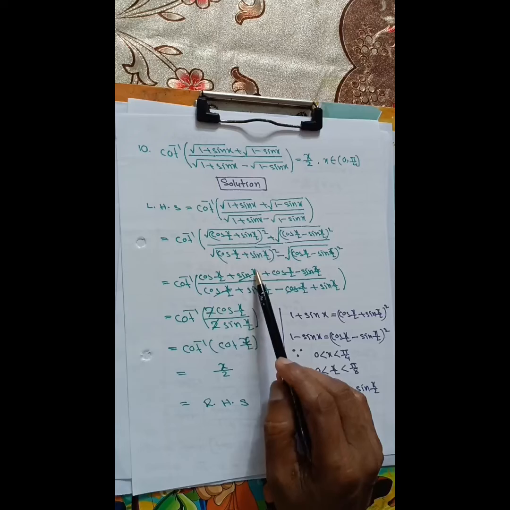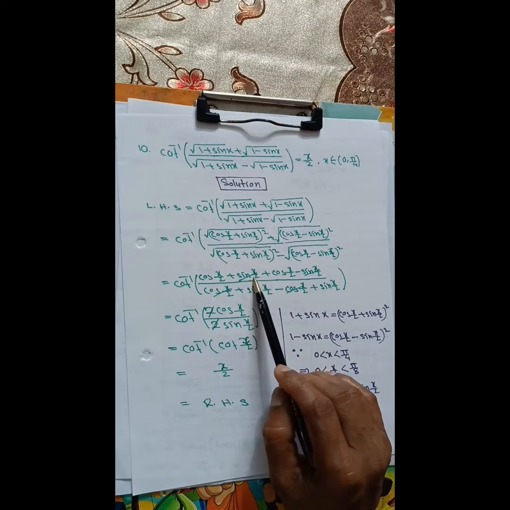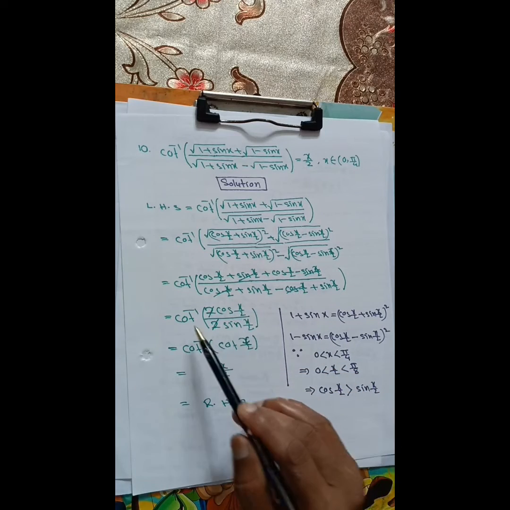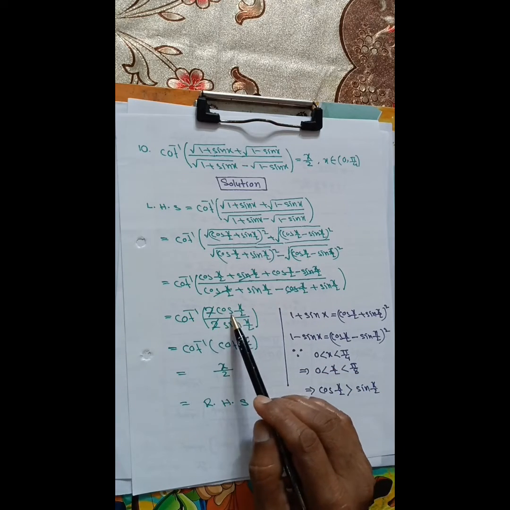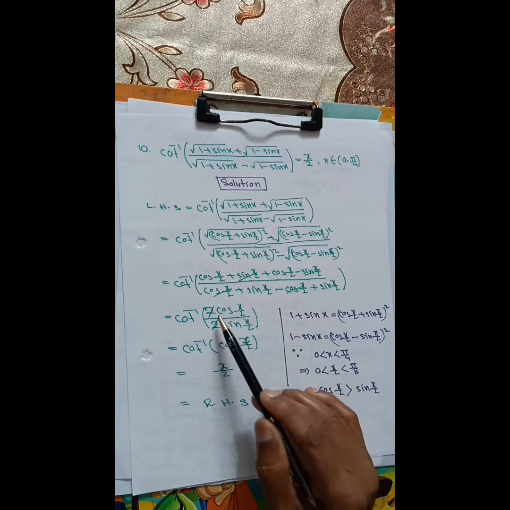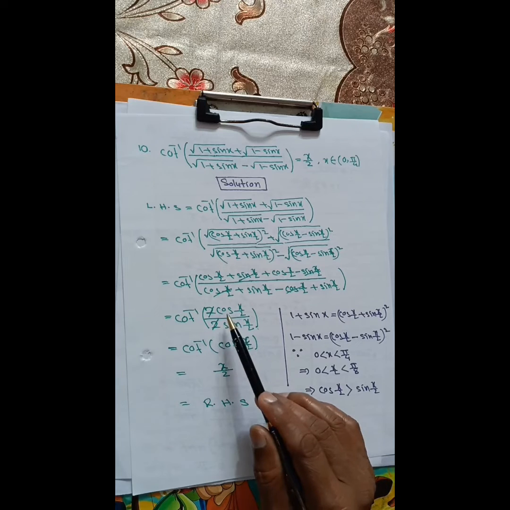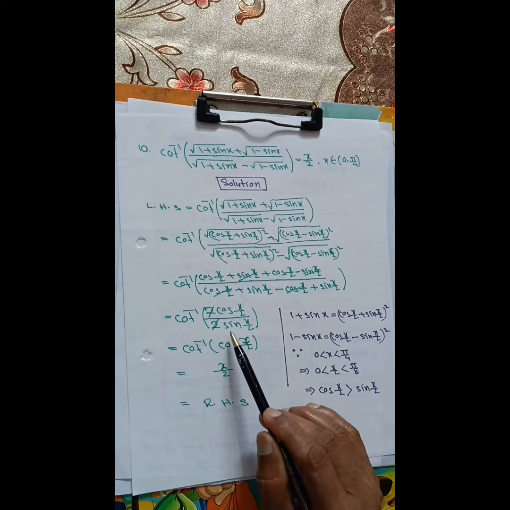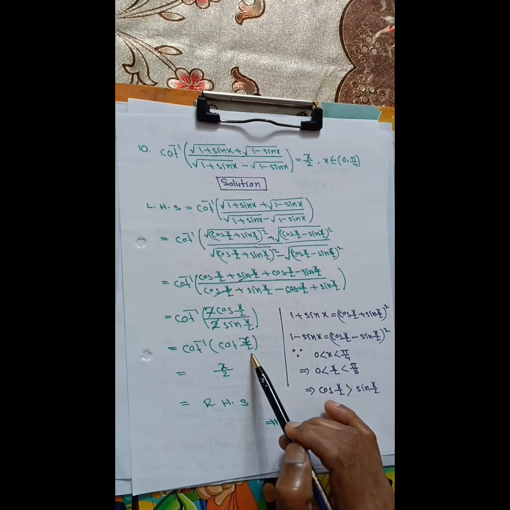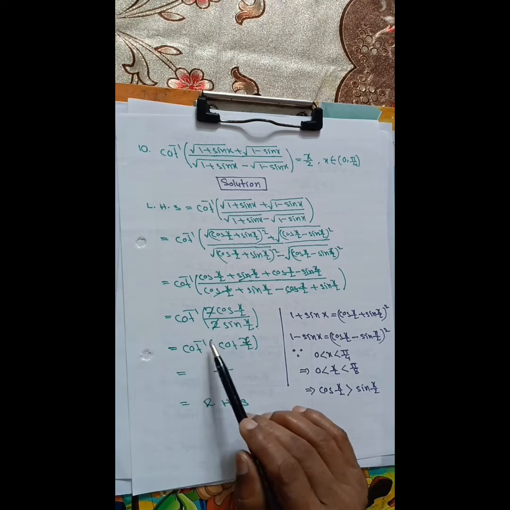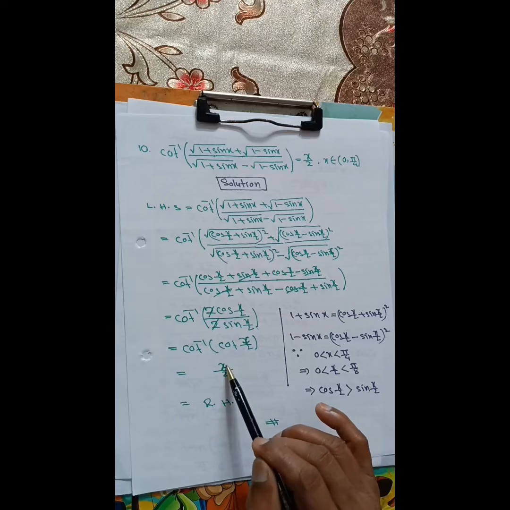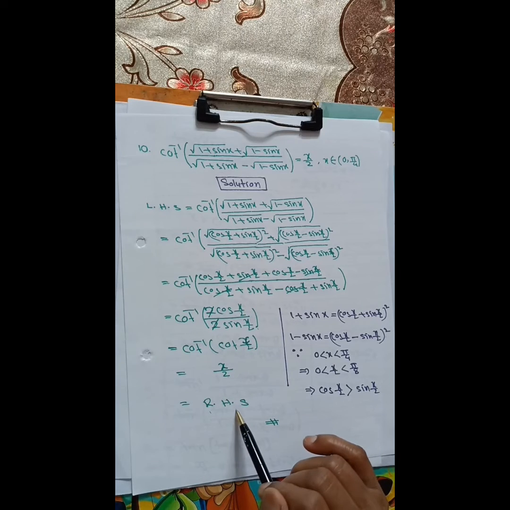The sin x by 2 terms cancel in the numerator, leaving cot inverse of twice cos x by 2 divided by twice sin x by 2. After cancelling 2 we get cos x by 2 by sin x by 2, which is cot x by 2. That is cot inverse cot x by 2, so it neutralizes and we get x by 2. That is the right hand side.